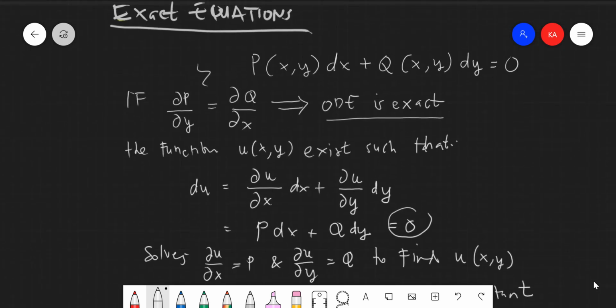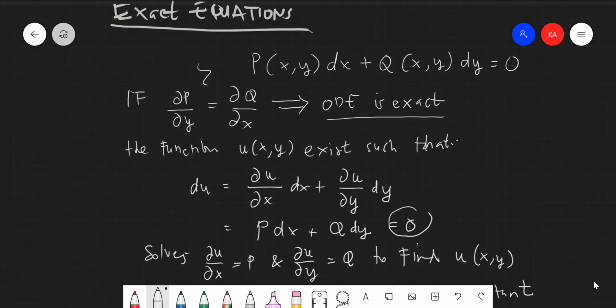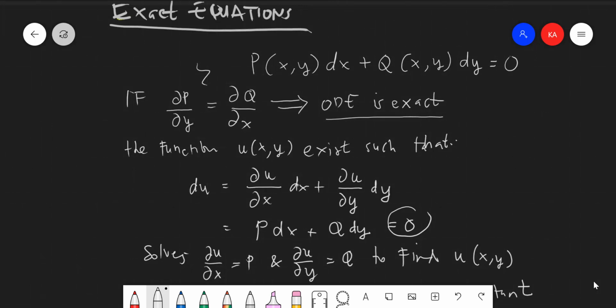Okay, so in exact equations, first we have to check whether dP/dy is equal to dQ/dx. If they are similar, the ODE is exact, so we can use this method to solve the ODE.